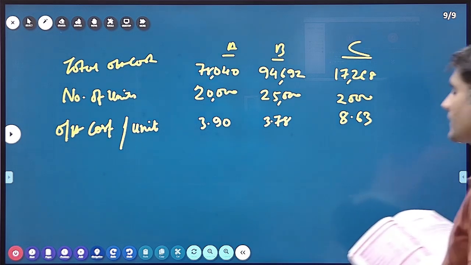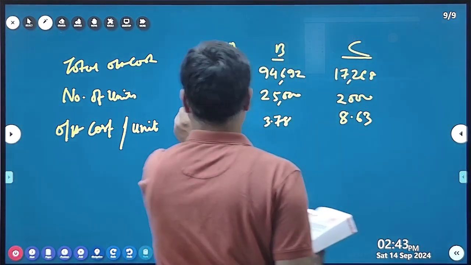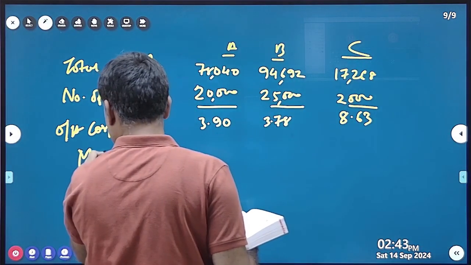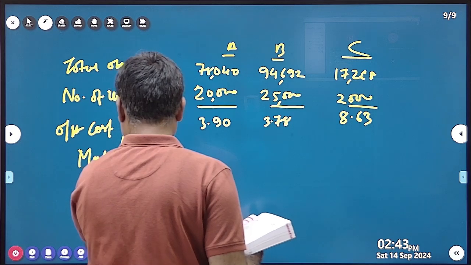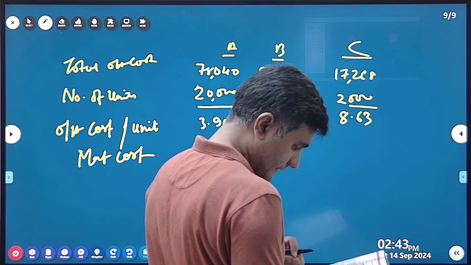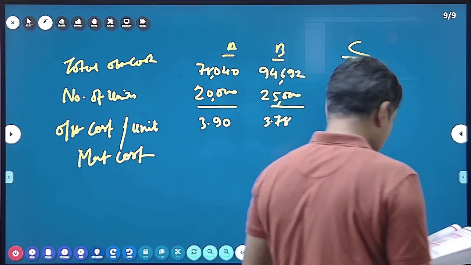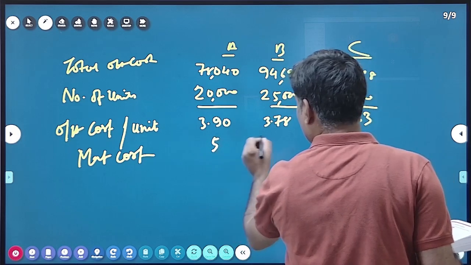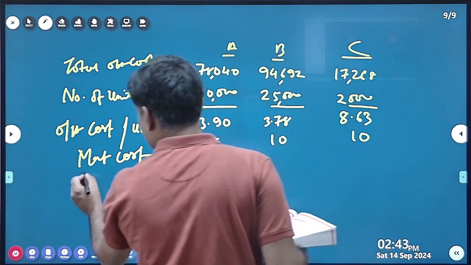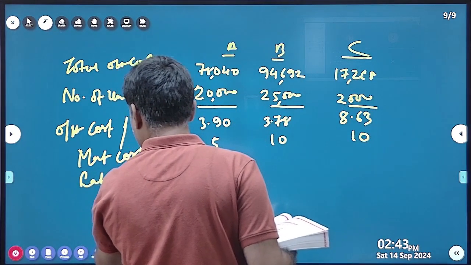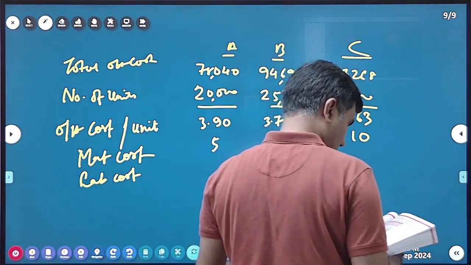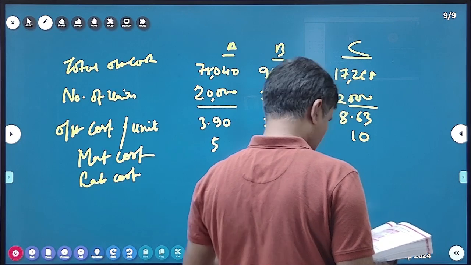Okay, so this is the total overhead cost. So material cost is how much? 5, 10, 10. Labor cost is how much? 10, 5, 5.